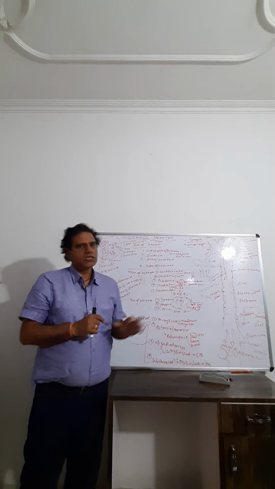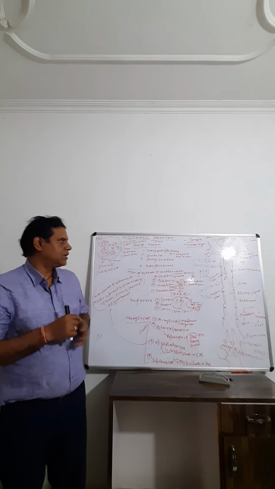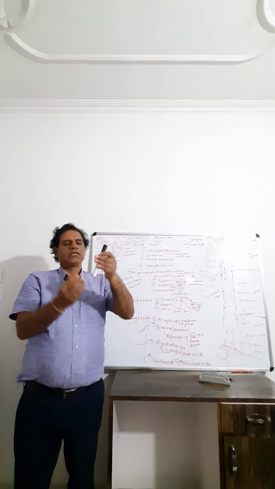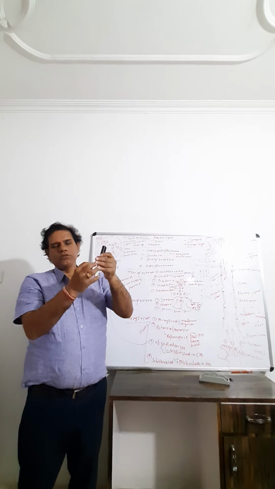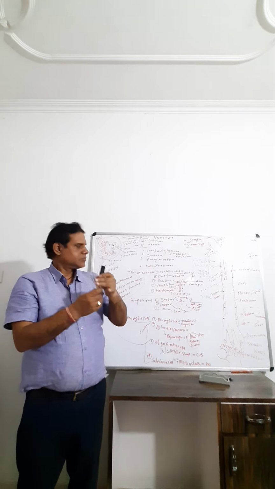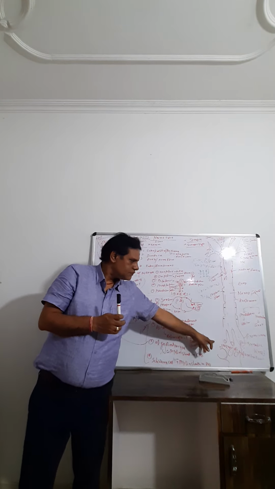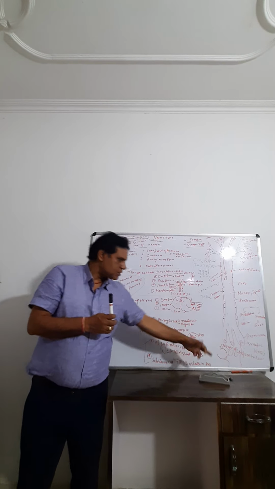One very important structure: what is synapse and synaptic cleft? The synaptic cleft is a space between two neurons, such as the axon terminal and the next dendrites.